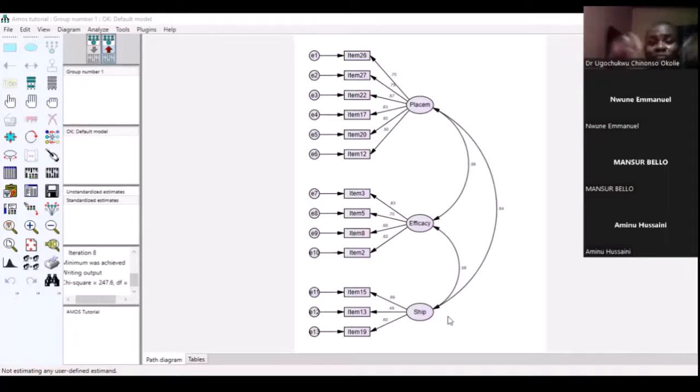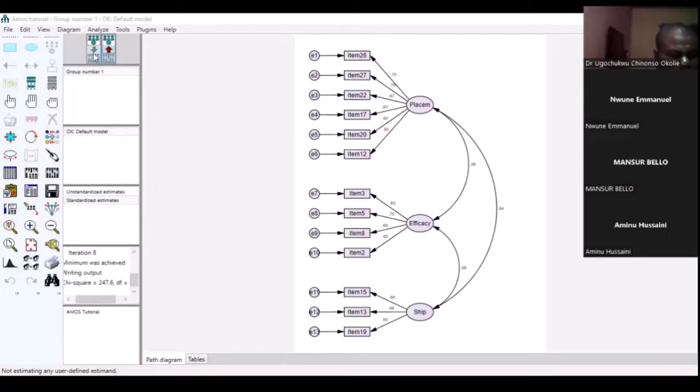We have issues with the reliability of the overall instrument, as we struggled with in SPSS. Here, in this total scale, none is even above 0.7. None is up to 0.7.